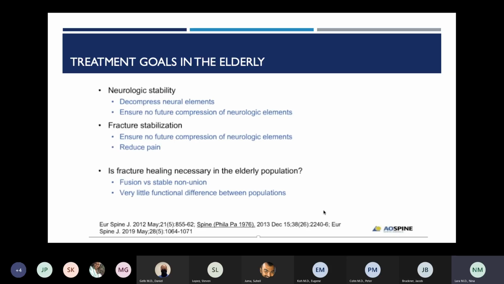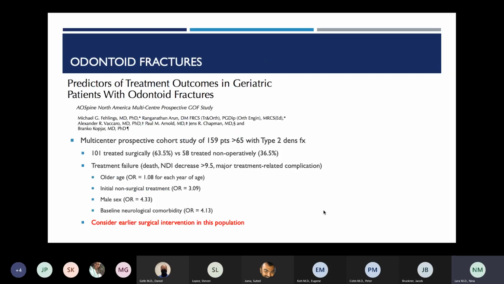There have been articles by Molinari and Vaccaro that have shown that elderly patients treated in a cervical collar, not a halo, but just a cervical collar, go on to develop a stable non-union or fibrous union. And this has been shown to be not clinically significant, so they do the same as patients who go on to fuse or who are treated operatively. So little functional difference between the populations.